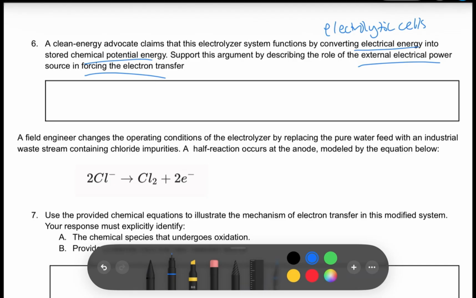So we can say that the external power source is supplying electrical energy in order to force a non-spontaneous reaction, which in turn is forcing the electrons away from the anode and onto the cathode, which is allowing the non-spontaneous redox reaction to occur, where the anode is losing the electrons and the cathode is gaining the electrons. This way it's storing the electrical energy as chemical potential energy.